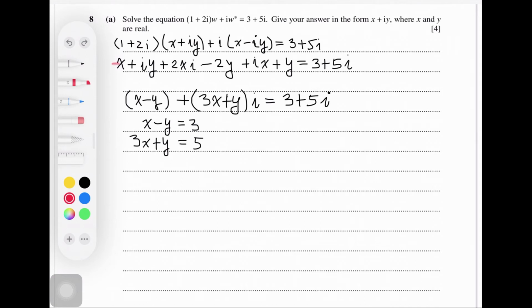And then we expand, removing all the brackets. This is from the first one, and this one is from the multiplication of i and x minus iy. Don't forget, i squared is equal to -1.